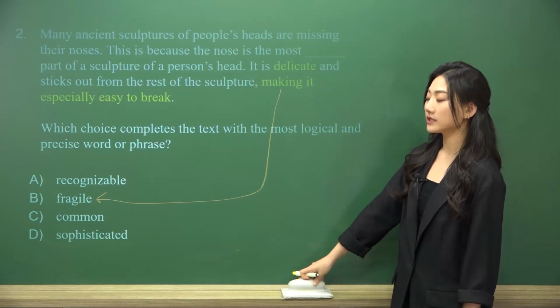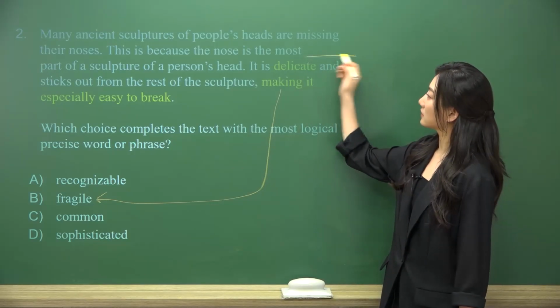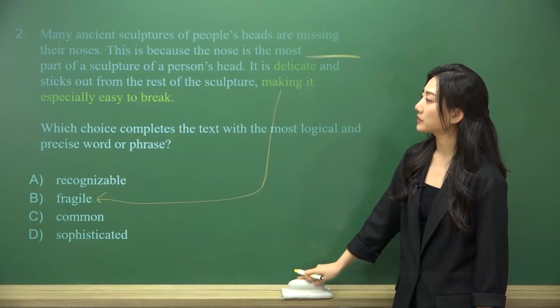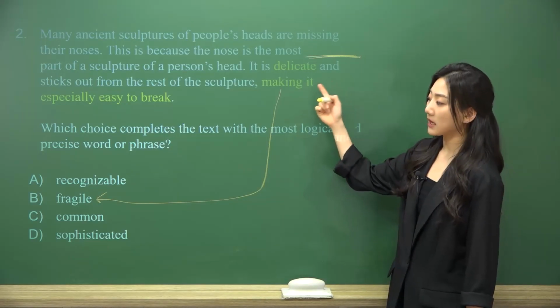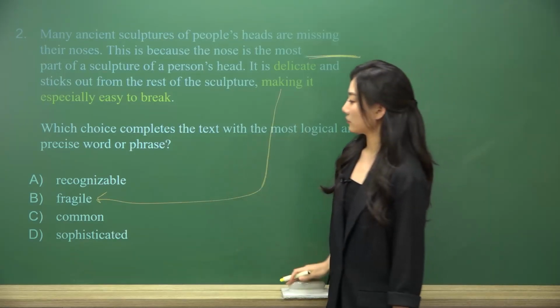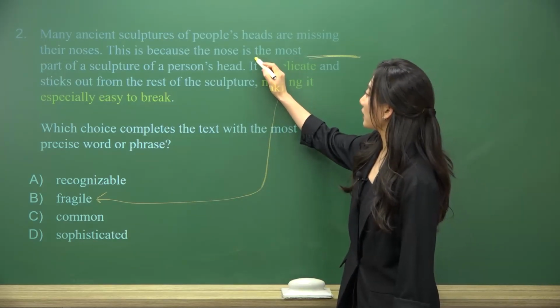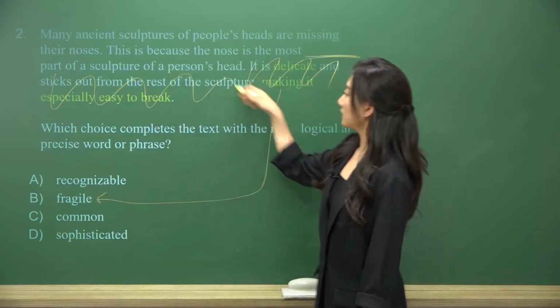Recognizable, common, and sophisticated are just irrelevant to this. The nose is the most fragile part. Why? It is delicate and sticks out, making it especially easy to break. So, just really quick, if we were to ignore the hint, so let's say we ignored all of this, right?